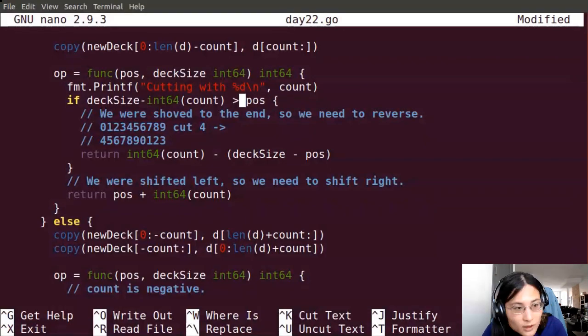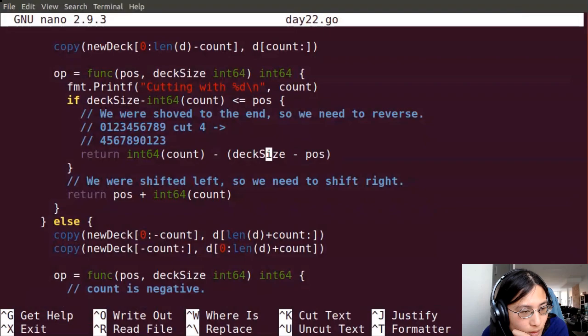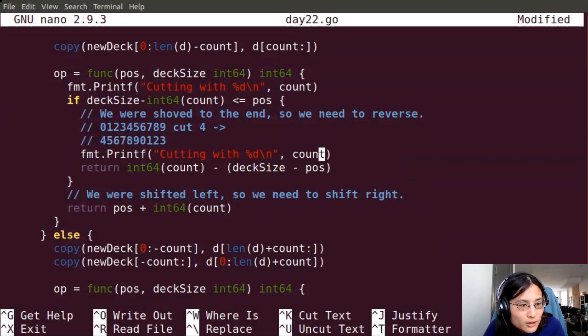If position is greater than or equal to, okay. I hate printf debugging, but sometimes it's necessary.